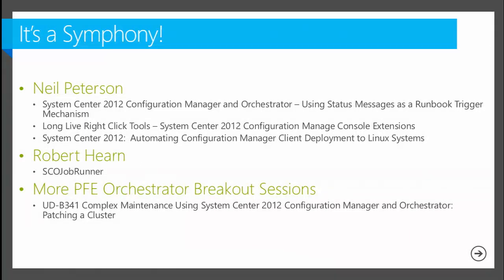The other thing I want to give a shout out to is Robert Hearn, who provided the SCO job runner. It's on Codeplex. If you want to download that and be able to call runbooks from a command line, it's an awesome utility. You can call runbooks in other ways too, but this is a great, quick utility that you can leverage in Config Manager.